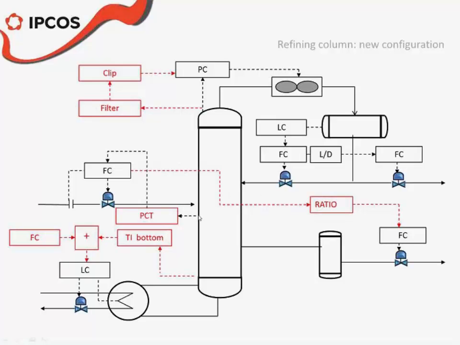On top of that, because the pressure was now going to be floating, we implemented a pressure compensated temperature controller for the draw tray that grants you keeping your impurities composition constant all the time, regardless of the pressure changes in the column, using the same handle, which was the feed flow to the column.